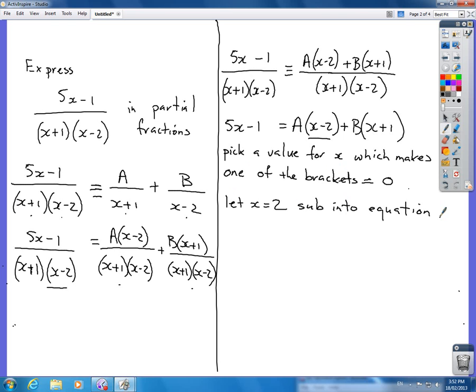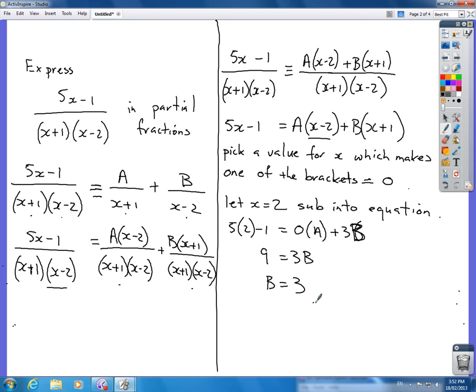So 5 times 2, take 1, equals 0 times A, plus 2 + 1 is 3B. What does that tell me? 5 2s are 10, take 1, 9 equals 3B, B equals 3.